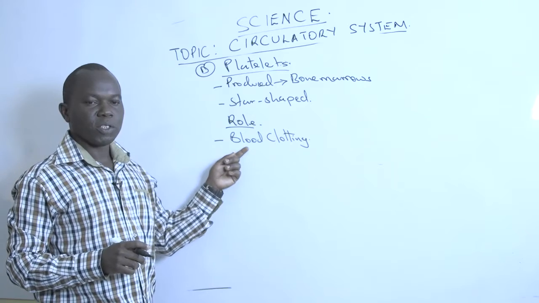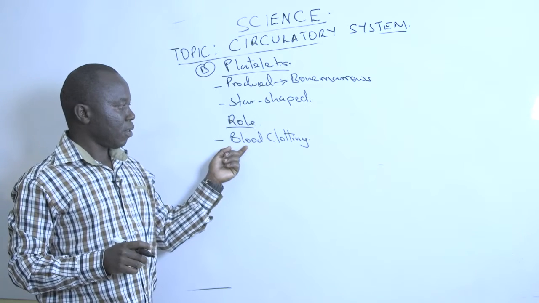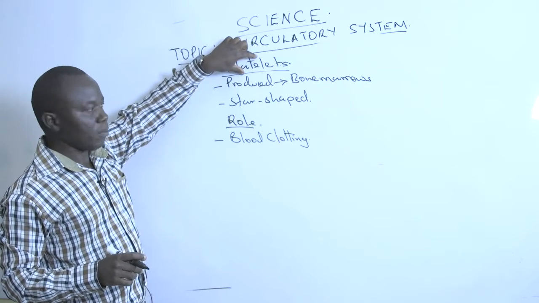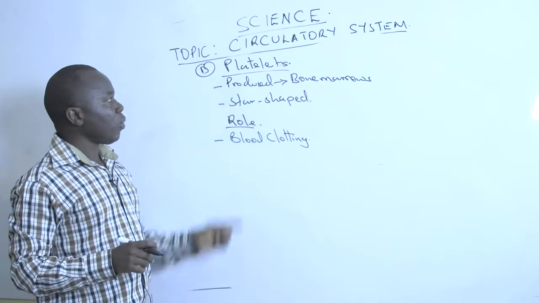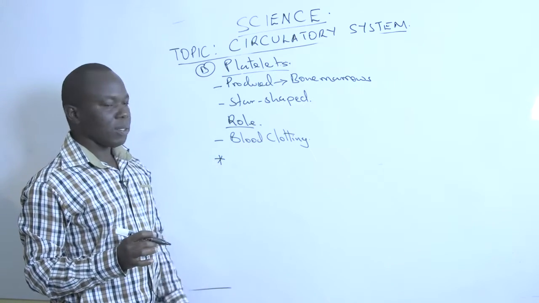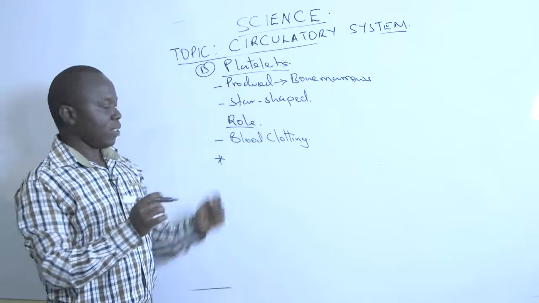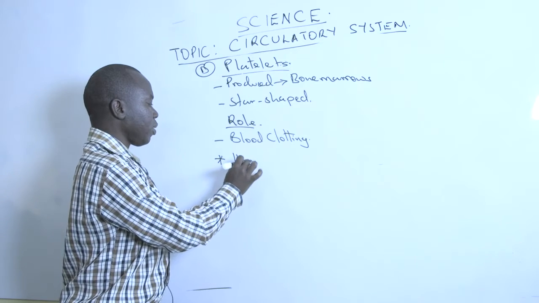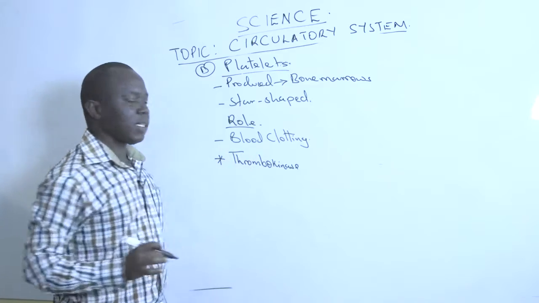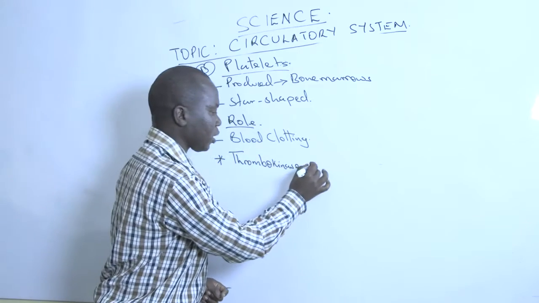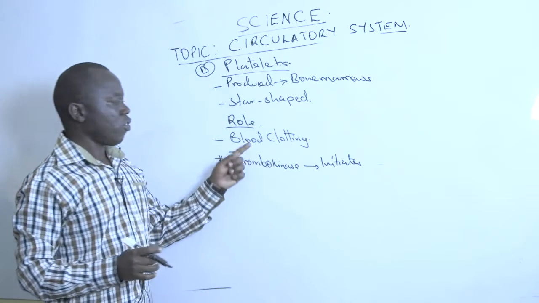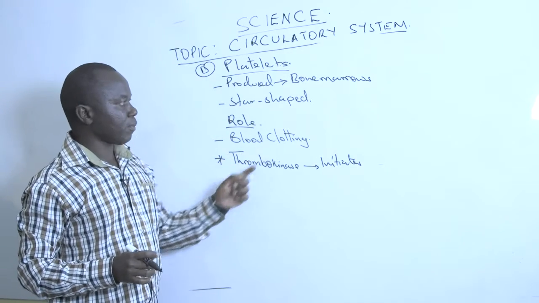Why? Because of formation of a blood clot. Formation of a blood clot usually emanates from the platelets. So what do platelets have that enables them to be involved in blood clotting? Platelets have an enzyme called thrombokinase. This thrombokinase is the one that initiates the process of blood clotting.